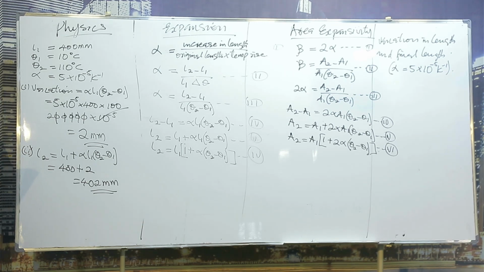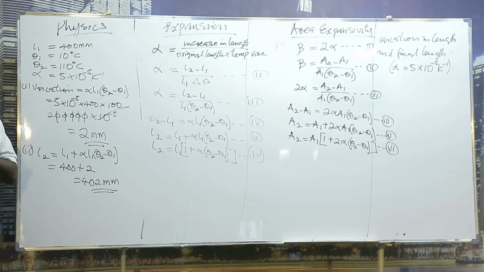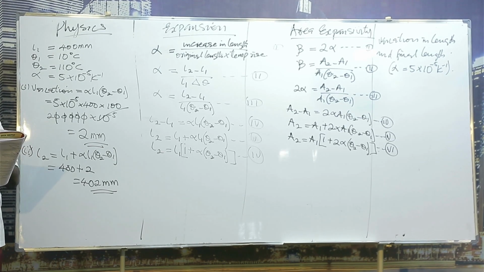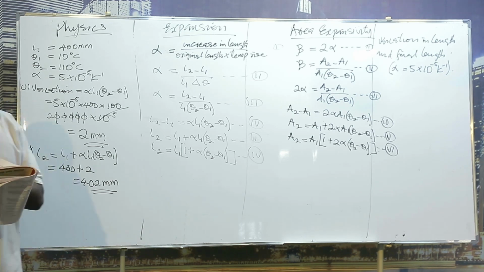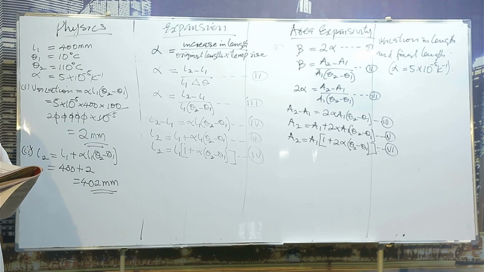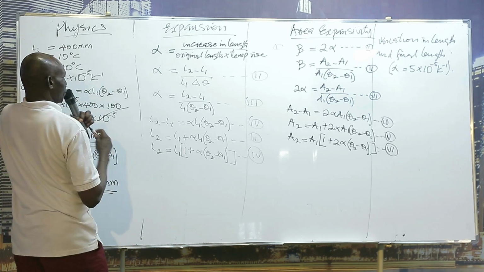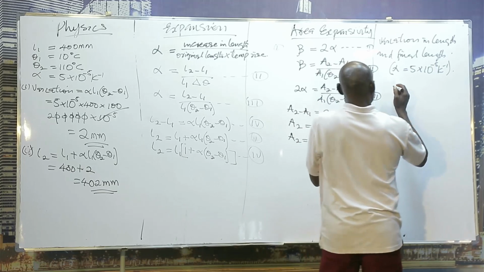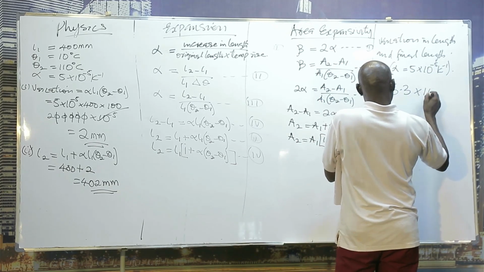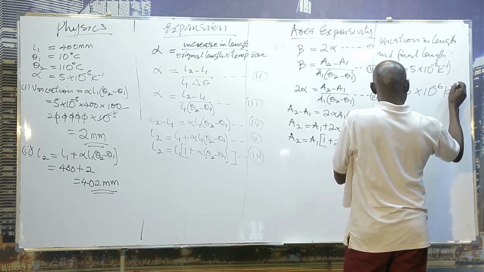A blacksmith heated a metal whose cubic expansivity is, look at it on the board, 6.3 times 10 to the power minus 6 per Kelvin.